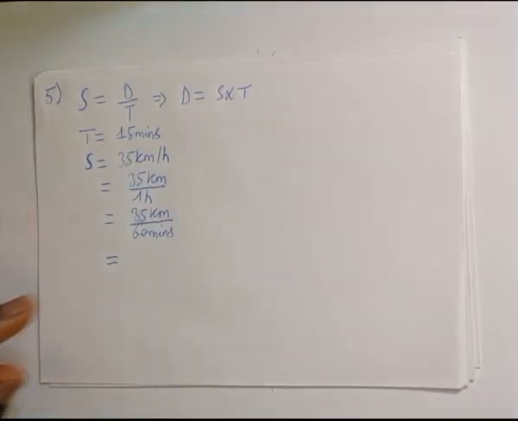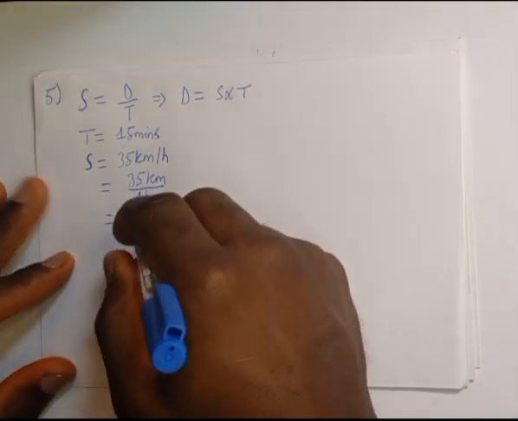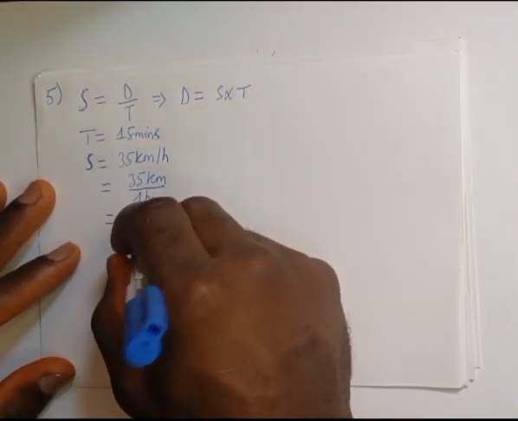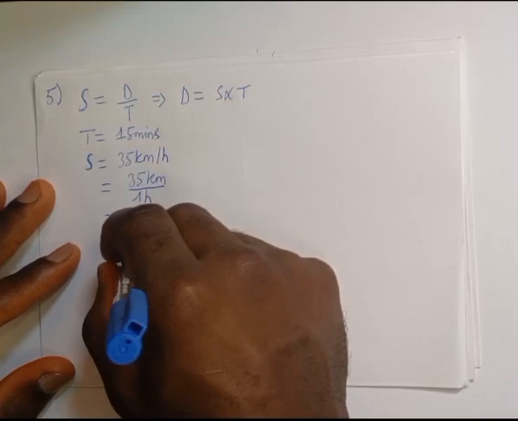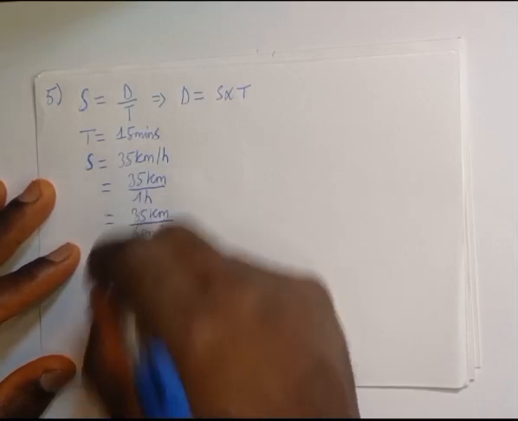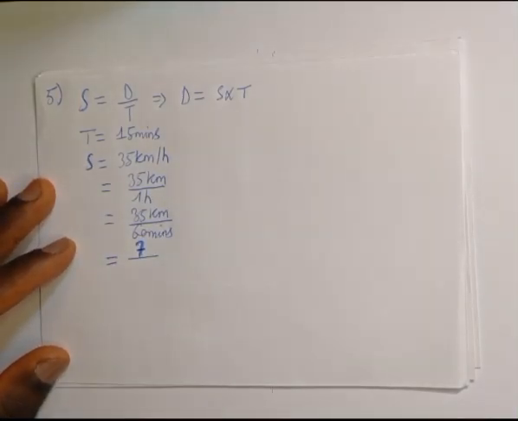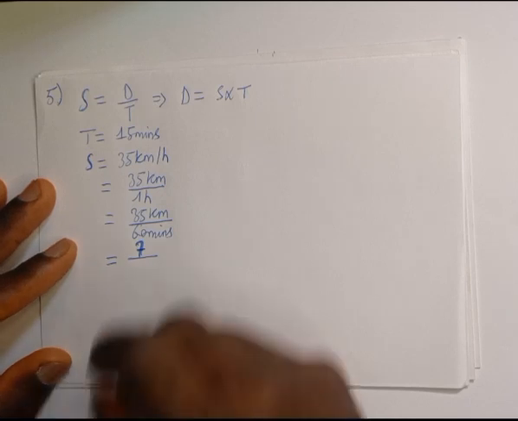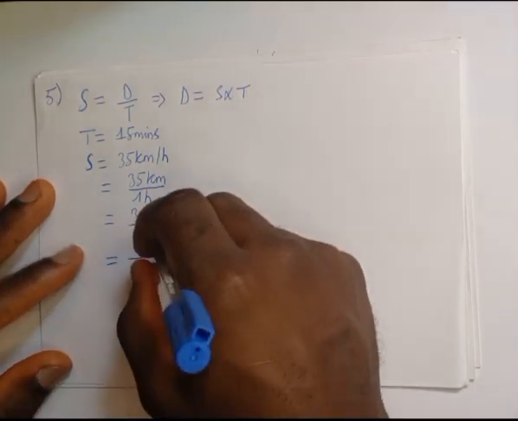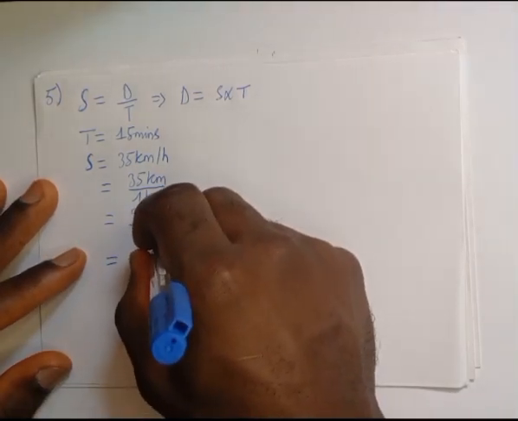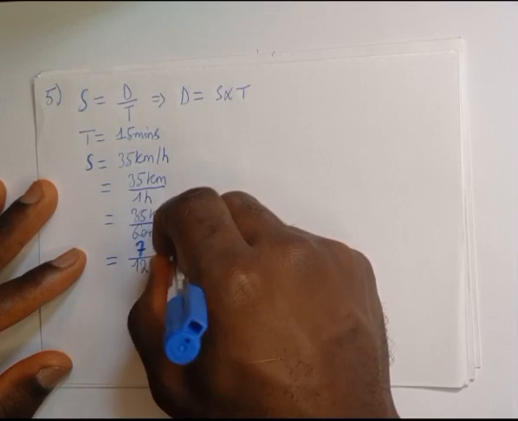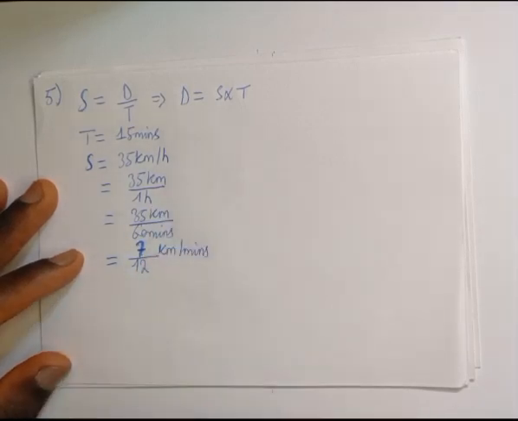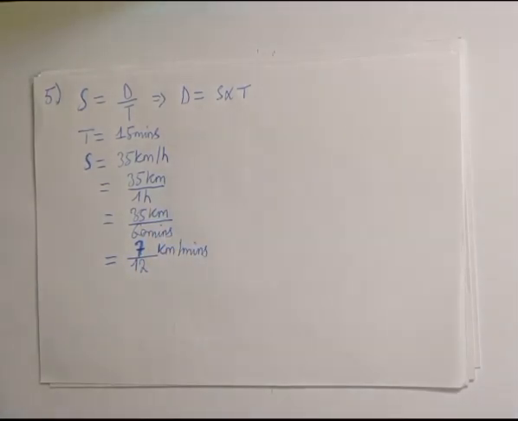This will be equal to 35 divided by 5 gives us 7 all over 60 divided by 5 gives us 12 kilometers per minute.